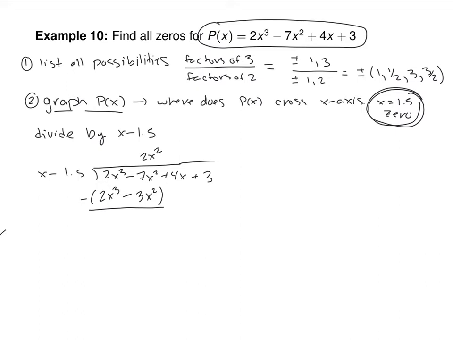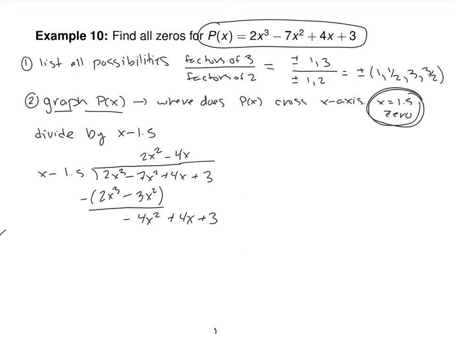So if you take that away, negative 7x squared minus negative 3x squared, what does that make? Negative 4x squared. Do you see what happened there, Kyle? Yep, okay. All right, then we multiply by negative 4x, right?